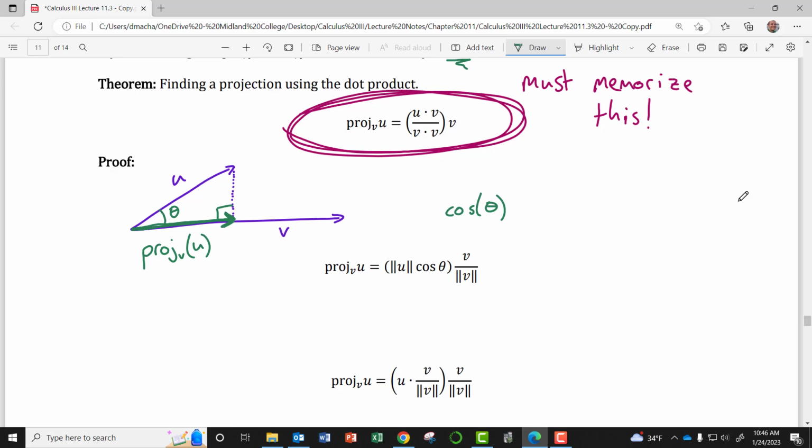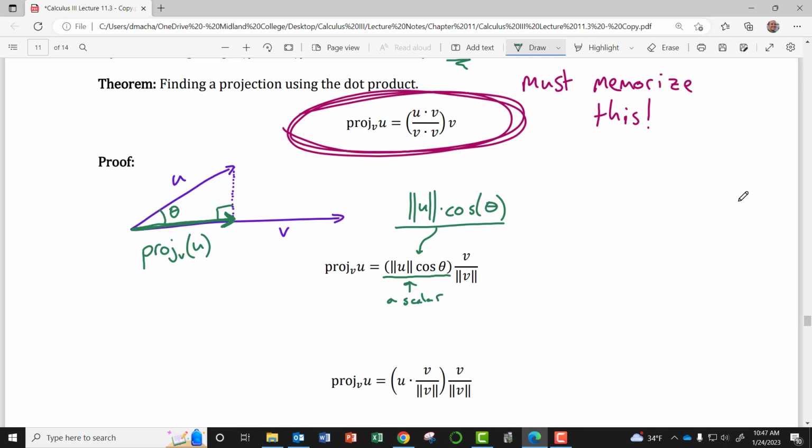And notice this makes a little right triangle here when I'm talking about the components. And so the magnitude of u, of course, is then going to be the norm of my u vector. So this is giving me the length or the magnitude of the projection of u onto v. And so that's where this scalar comes from. This is, of course, a scalar. So there's the magnitude of this vector.